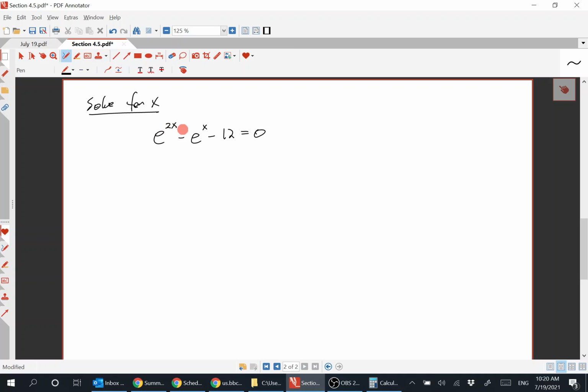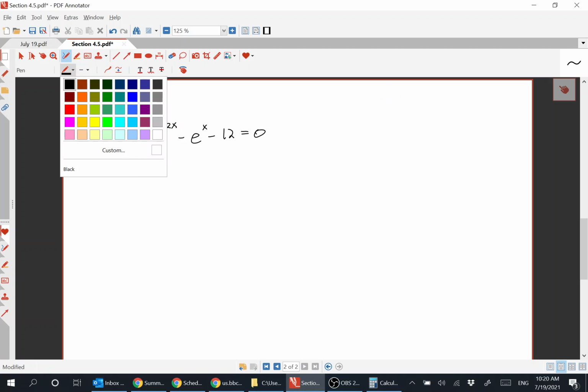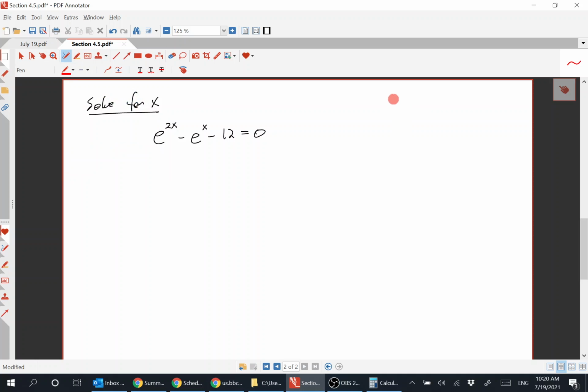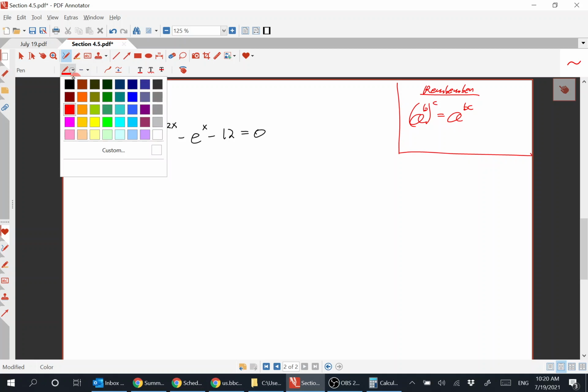Remember also, when dealing with exponential functions, a to the b to the c is a to the b times c. That is, a to the b, all to the c power, is a to the b times c.